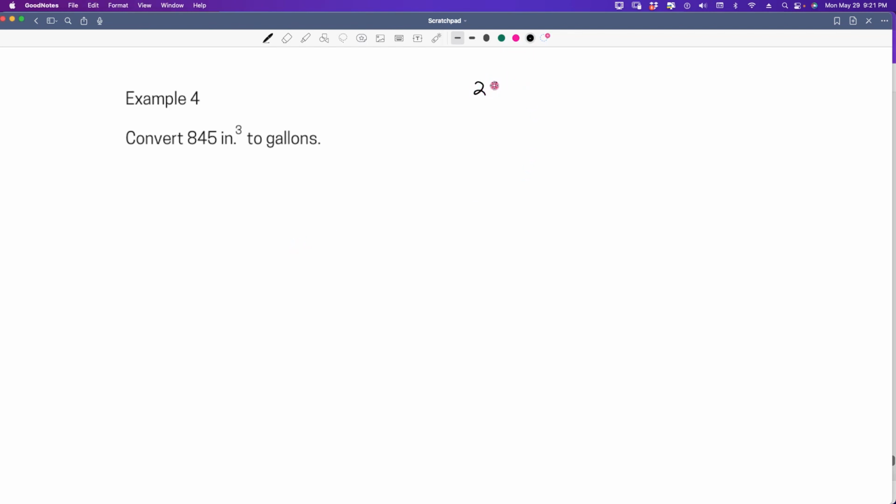It's in your notebook, and it was in the notes on the first slide. 231 inches cubed is the same as 1 gallon. So if we have 845 inches cubed and we want to convert that to gallons, we're going to use this unit of reference. So all I have to do is write this as a fraction, 845 inches cubed.